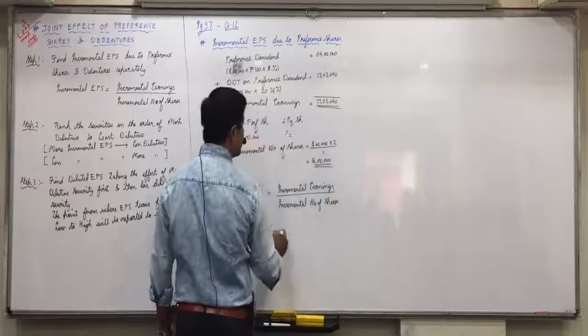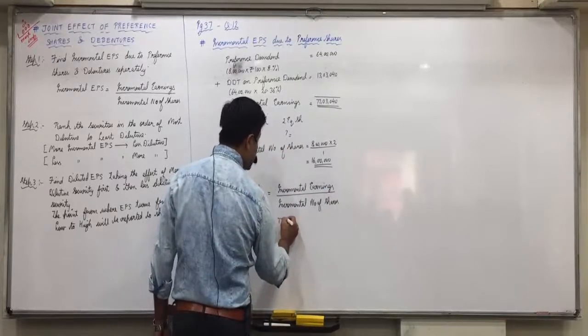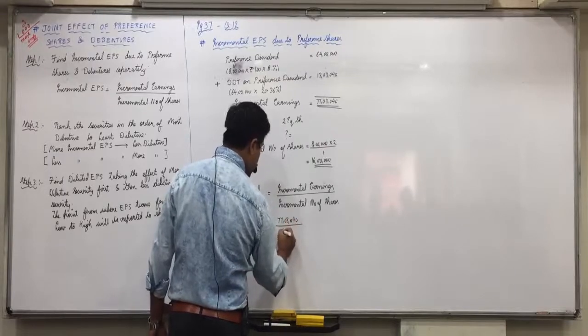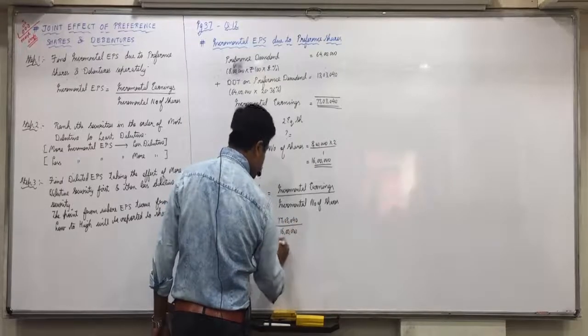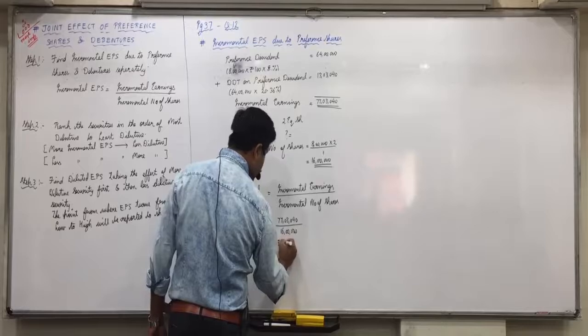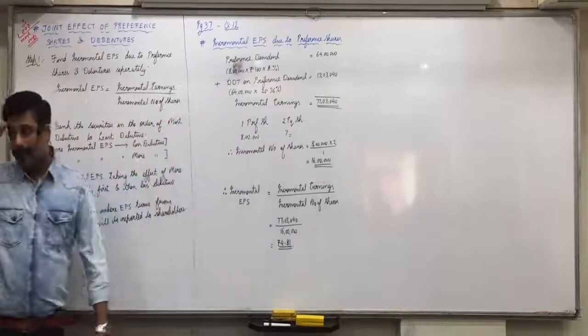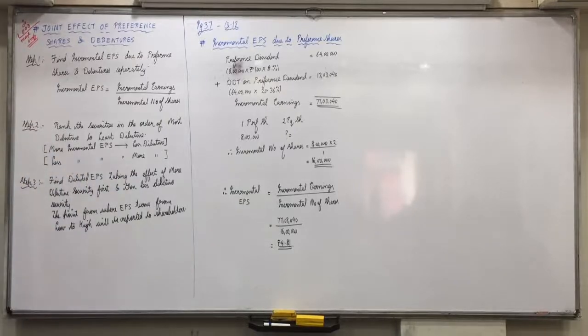That is equal to 77,03,040 divided by 16 lakhs, 4.81. Raise your hand who did not understand this. Everyone is clear with this?